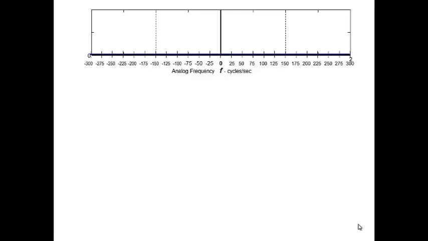So hopefully we'll agree that those two are the same. And on this one, I can pull out an e to the plus j 5 pi over 6, multiplied now by the original e to the plus j 2 pi minus 100 t.